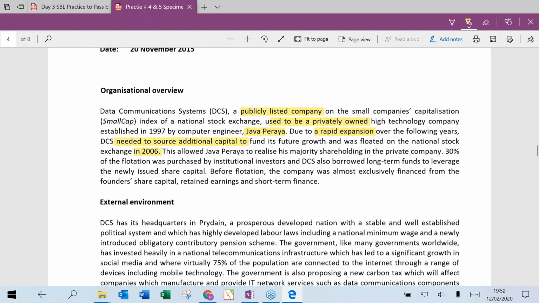This allowed Jay to realize his majority shareholding in the private company. 30% of the flotation was purchased by institutional investors, and DCS also borrowed long-term funds to leverage the newly issued share capital. Very interesting. Before flotation, the company was almost exclusively financed from the founders' share capital, retained earnings, and short-term finance.